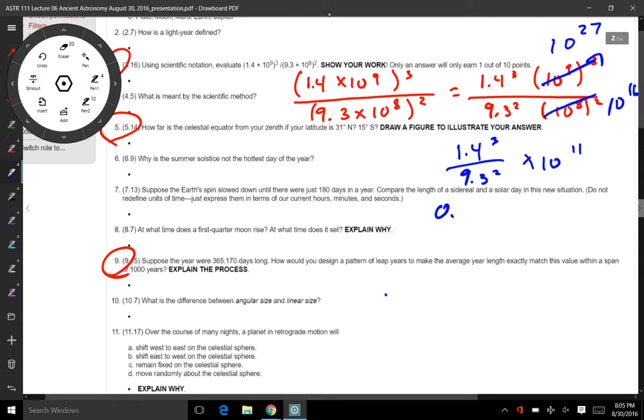Okay, so we have 0.0317. Is that what you said? So I have 0.0317 times 10 to the 11.